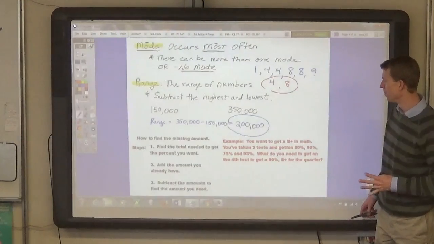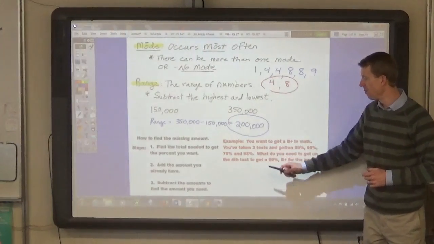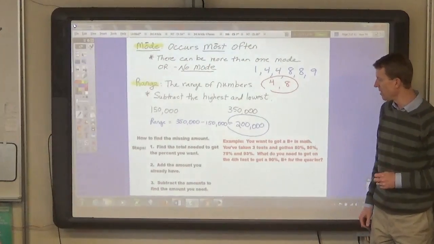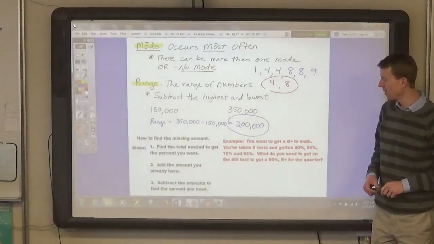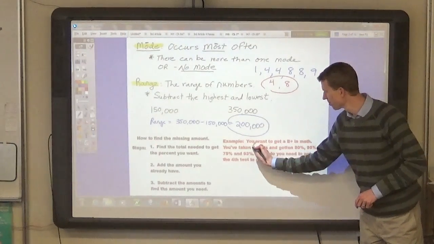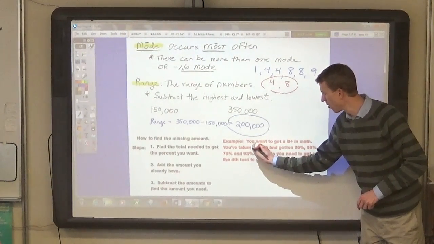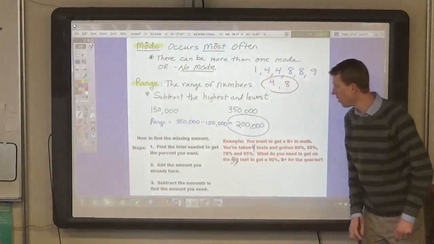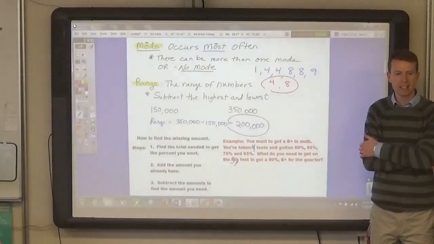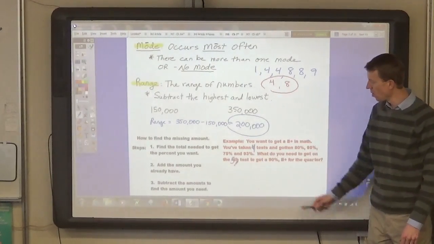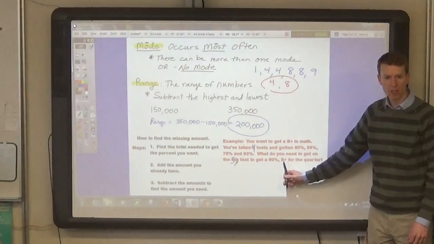This is 4 of them. I messed up this problem. You've taken 4 tests, and you want to know what you need to get on the 5th test, the last test. Maybe you should write a 4 over. Yeah. So you've taken 4 of them. I need to change this. And you want to know, on the 5th test, what do I need to get? I need to find that missing amount in order to get a 90% or a B plus in the class.